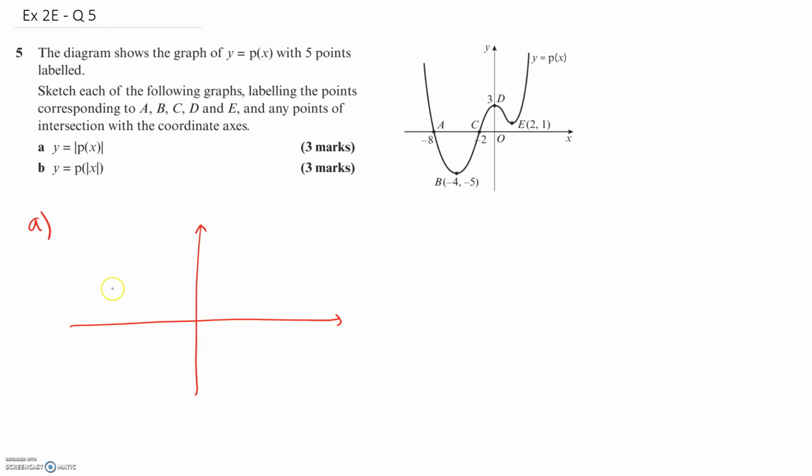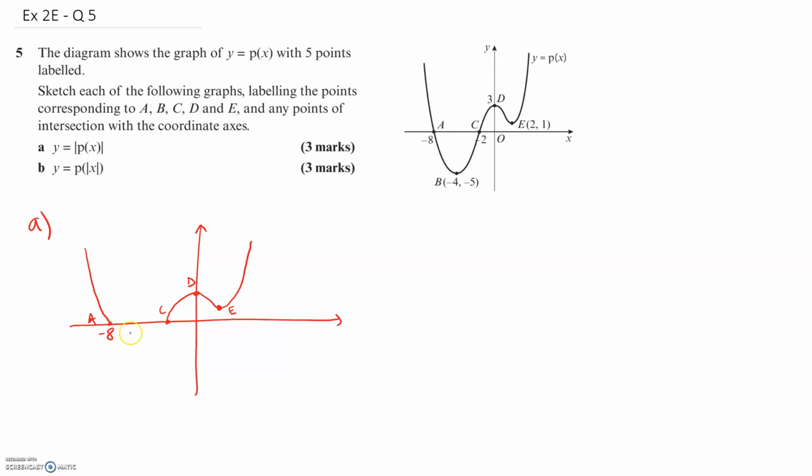So this bit over on the left is already above the x-axis, and that's the point A. From the point C up to D, down to E, is also above the x-axis. So all of these bits will still be valid, but the point B sits below the x-axis.